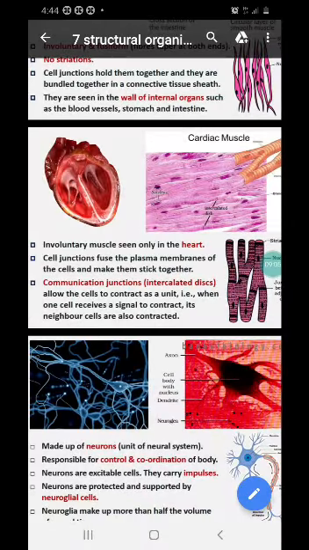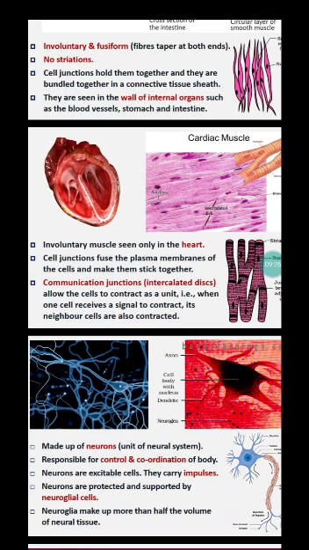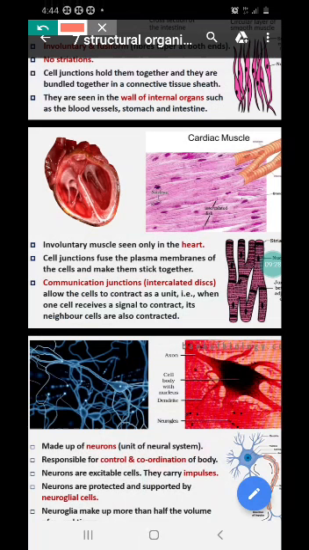Last is the nervous system. What is this nervous system made up of? Nerves, right? And nerves, like muscle fibers, also look like very thin hair-like structures, which are called nerve fibers, or otherwise neurons. Now, what is the function of this nervous system in our body, children? They help to transmit impulses.